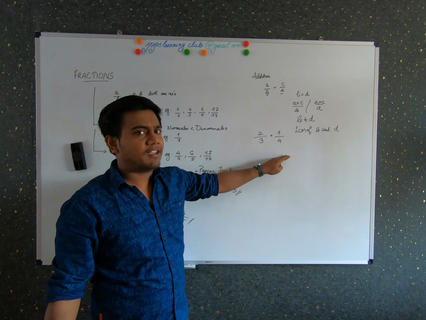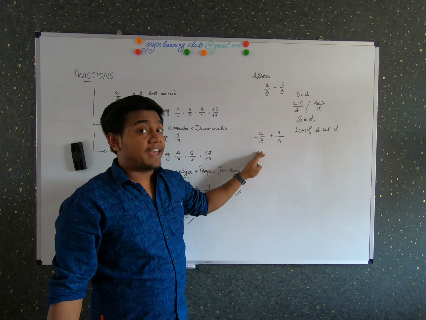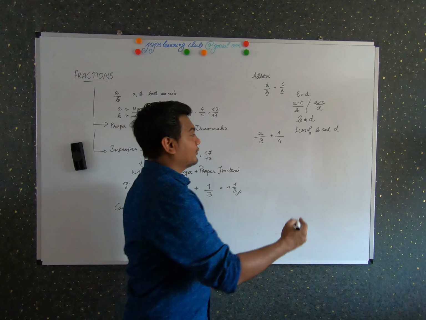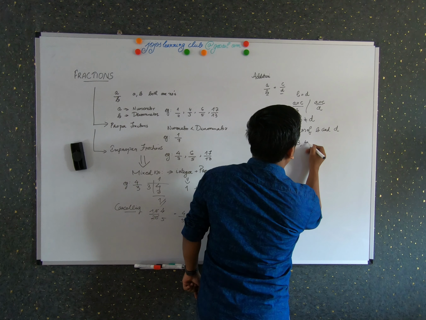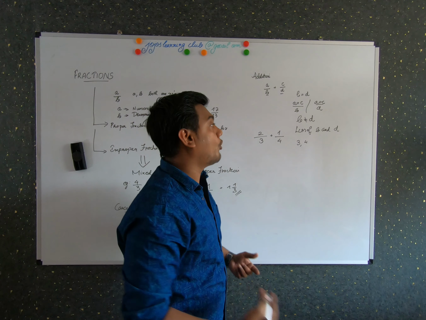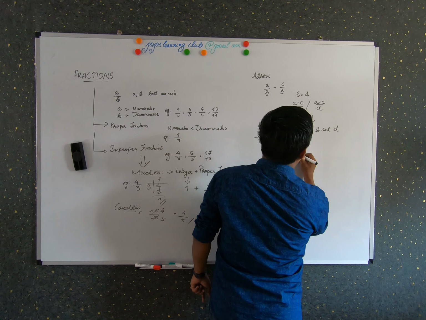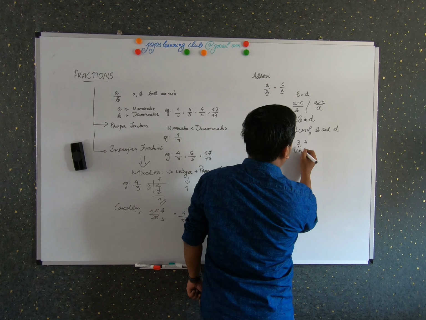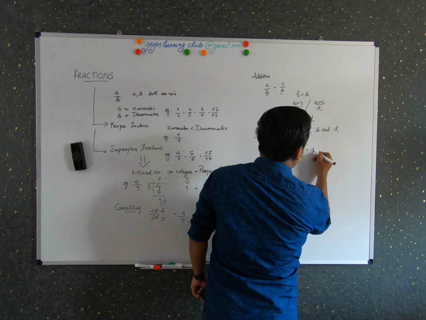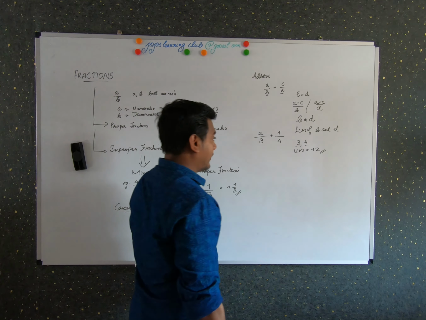From straight away we can see that we can't do direct addition of these fractions because their denominators are of different values. So let's take 3 and 4. What is the LCM of 3 and 4? What is LCM? Actually, LCM is the lowest common multiple. So you have to find the lowest common multiple of these numbers. Both don't have any common factors, so you can write the LCM as 12.